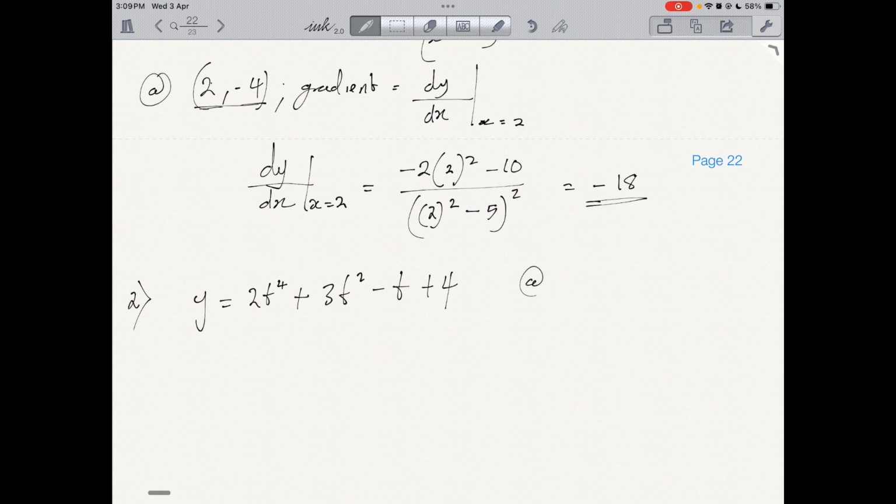And we are after the points 0, 4 and also 1, 8.